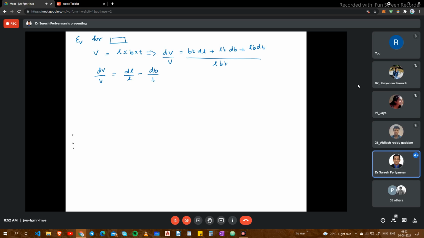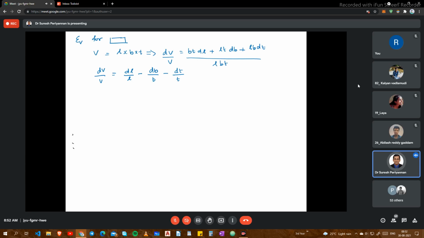I am considering the minus sign because, when you apply the tensile load, the breadth and the thickness sides are going to be reduced. Hence, I am putting the minus sign, based on practical conditions. Now you can rewrite this equation.